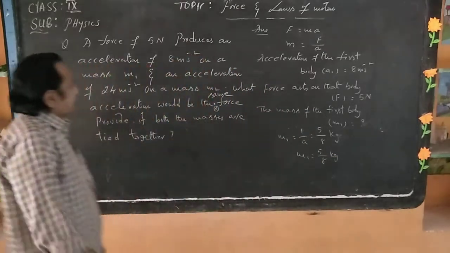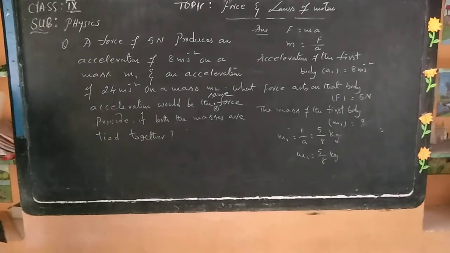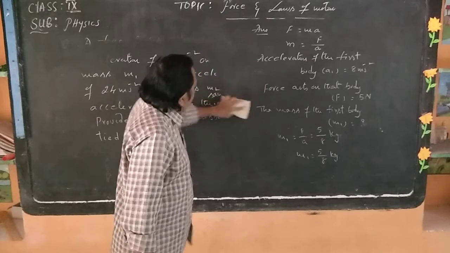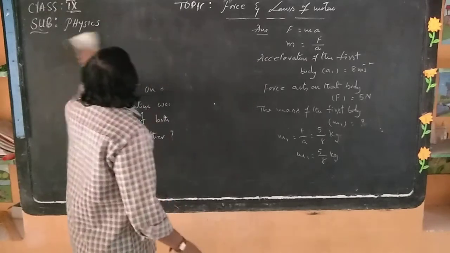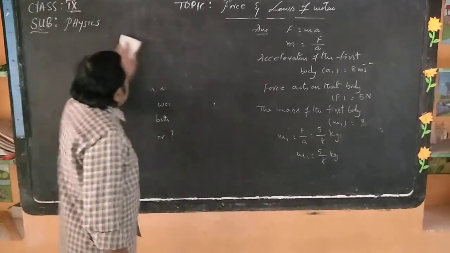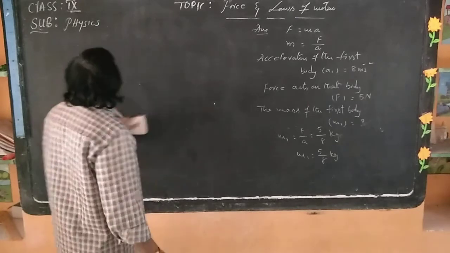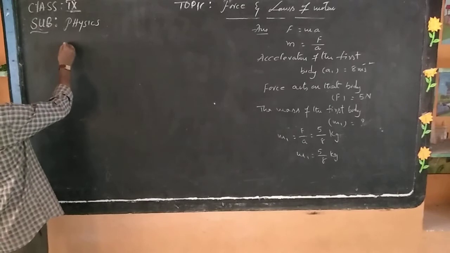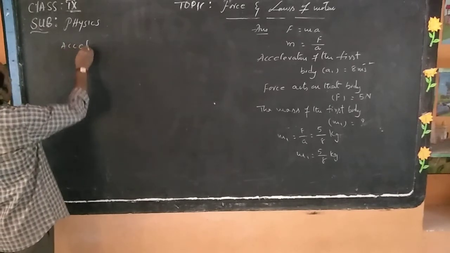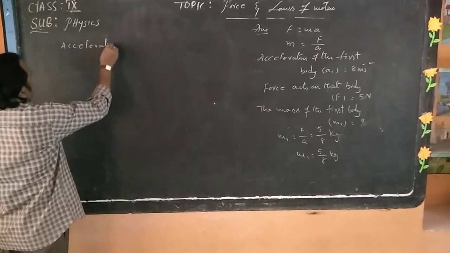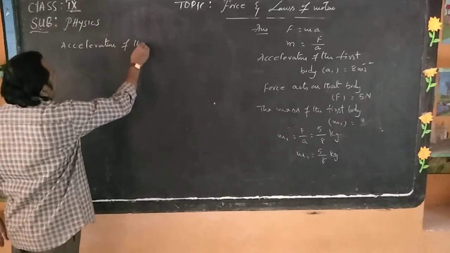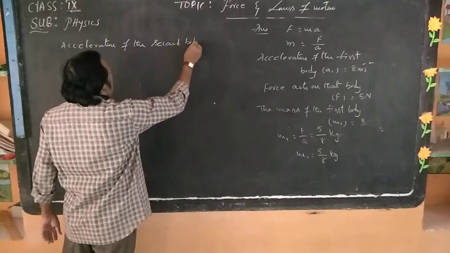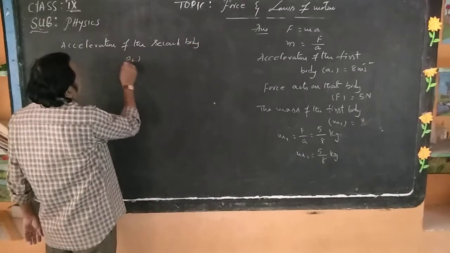Similarly, to calculate the m2 value, now consider the acceleration of the second body, A2.